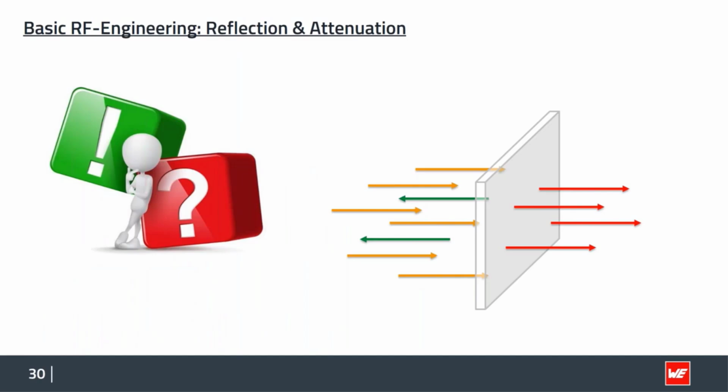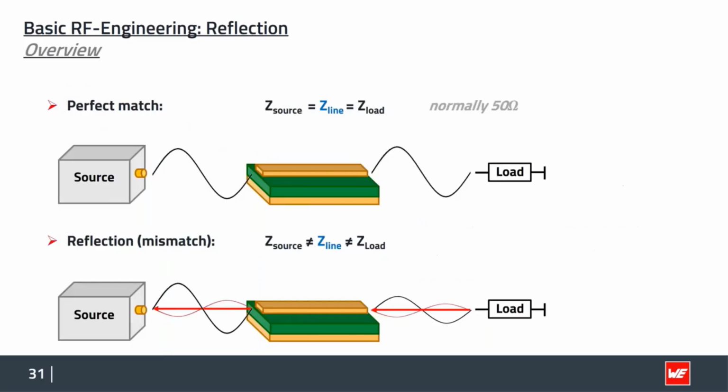Now, what will happen when we transmit a signal? In an ideal world, we would have a perfect match between source, transmission line, and load. Everything perfectly, impedance of 50 ohm. In reality, it will never happen.